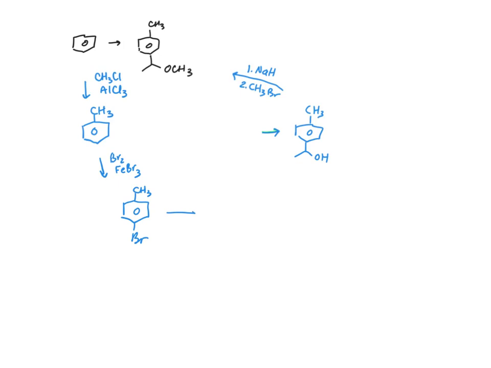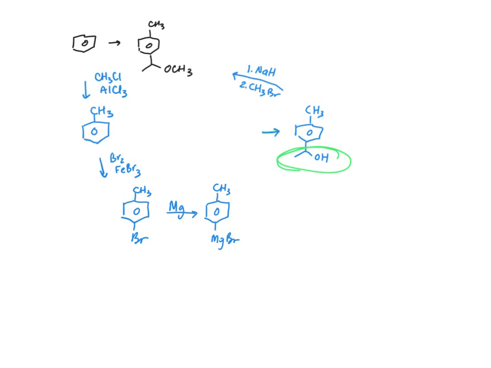Now I can treat this with magnesium and we make a Grignard reagent. And then we have to figure out what are we going to treat the Grignard with so that we get two carbons and an alcohol.